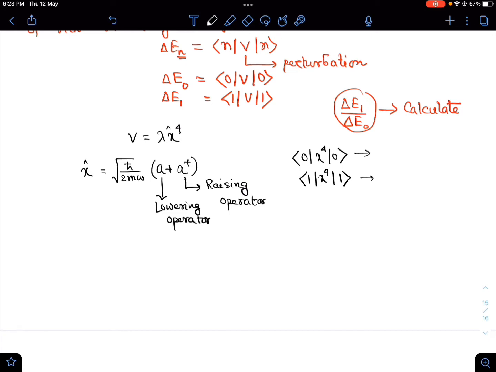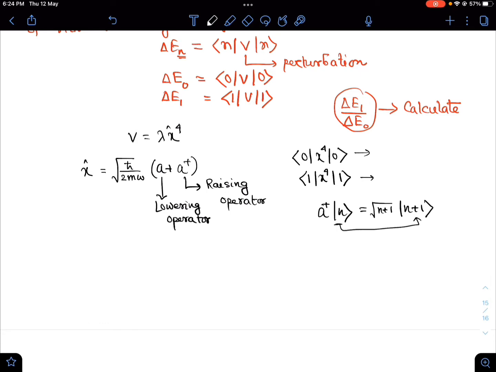So if we apply a dagger to a state n, then it will give us root over n plus 1 times the state n plus 1. So a dagger will raise the state n to n plus 1. And similarly, if we apply the lowering operator, it will shift the eigenstate to its lower value.